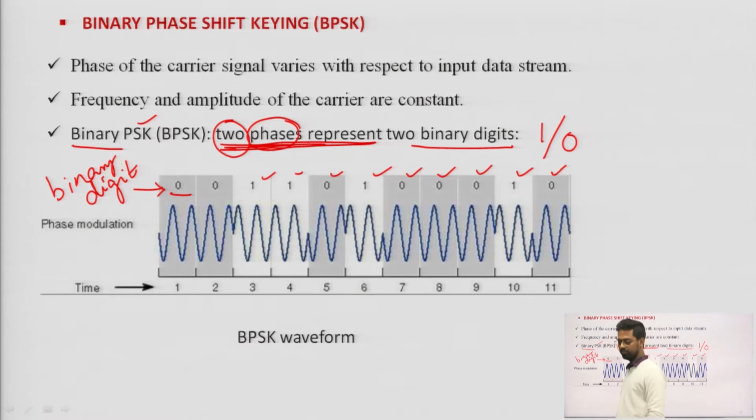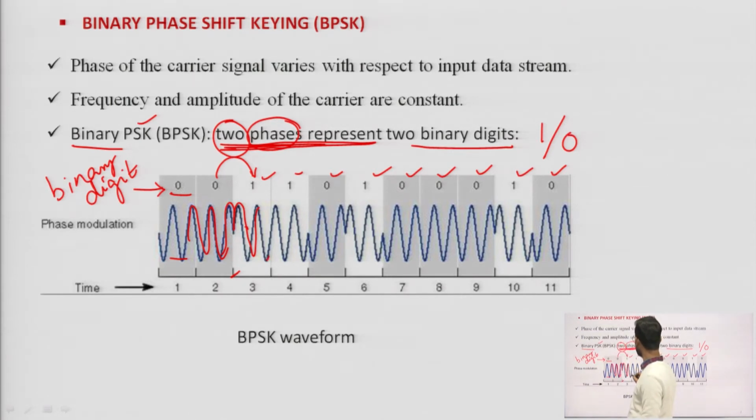For phase modulation, this is the output waveform. For 0 there is no phase change, and again the bit 0 comes, so the phase is continuous and not changing. But when the bit transitions from 0 to 1, the phase also changes, a 180-degree phase shift. After this interval, the bit makes a phase reversal again.